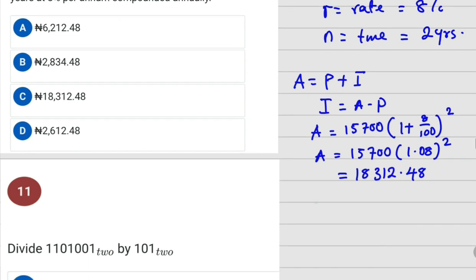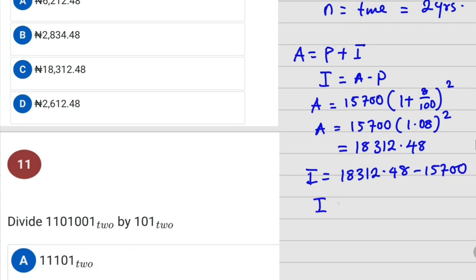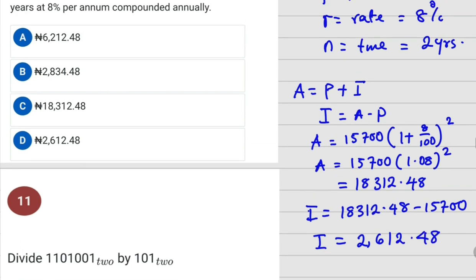But recall, we said that interest is amount minus principal. So it's going to be 18,312.48 minus 15,700. And our answer will be 2,612.48. So clearly our answer is D. So we come here, we pick our answer to be D. So we're done with this.